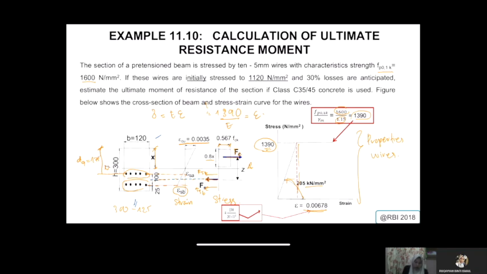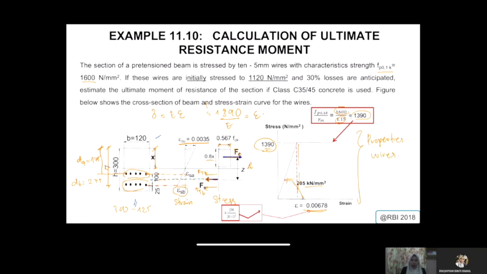The same thing for this part: 300 divided by 25, which gives you 375, which is your D.